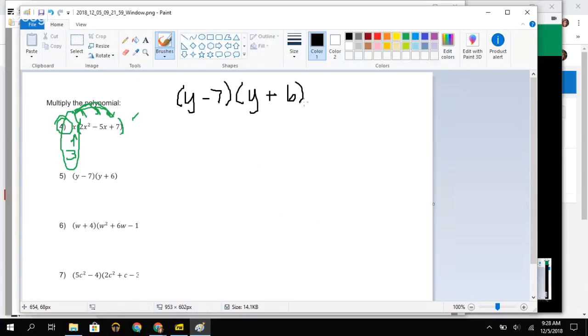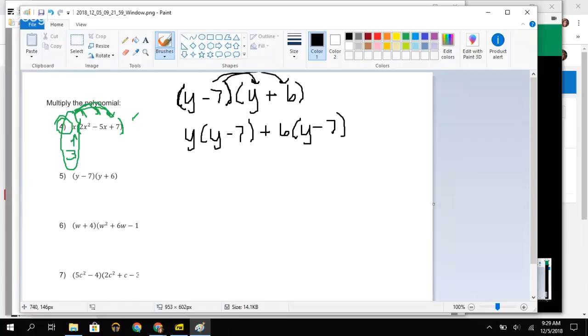Okay, so how do we simplify this? Well, technically what you need to do to solve this is distribute the y minus 7 to both terms inside of here. So you would distribute, it would be y times y minus 7 plus 6 times y minus 7.